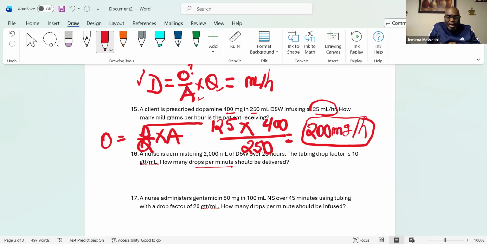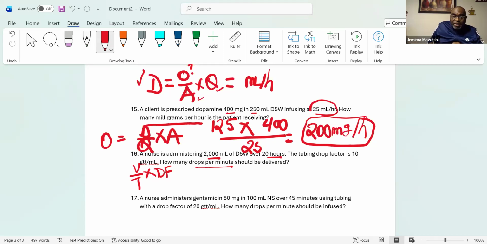You need three data: volume over time, multiplied by drop factor. Your volume has to be in milliliter. Your time has to be in minutes. But how many hours are there? Let me erase it. 20 hours. So it means we have to convert that 20 hours to minutes. You multiply that by 60.